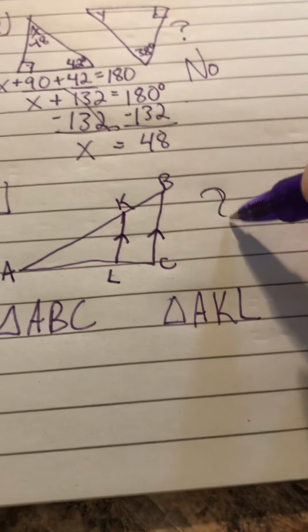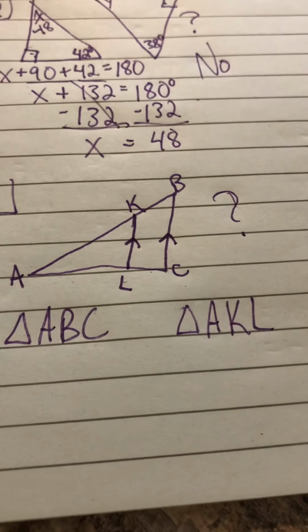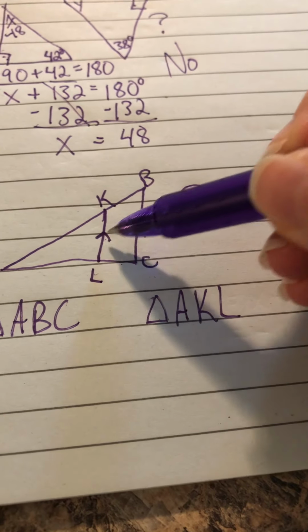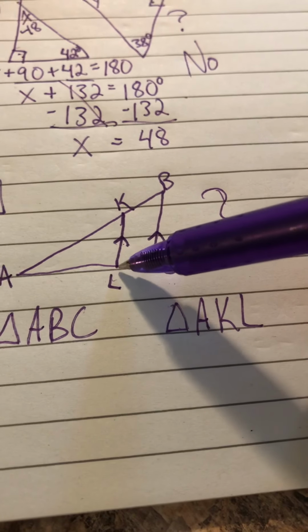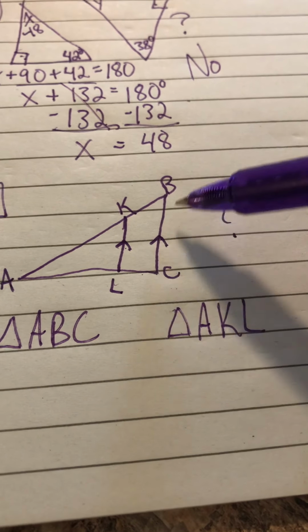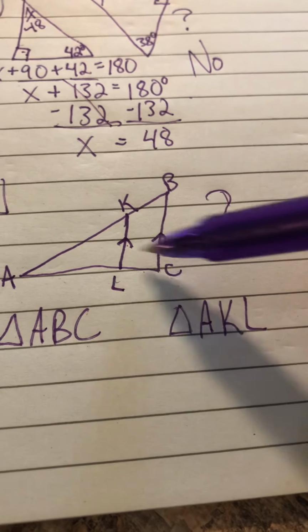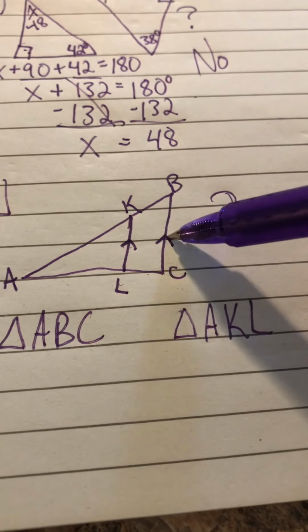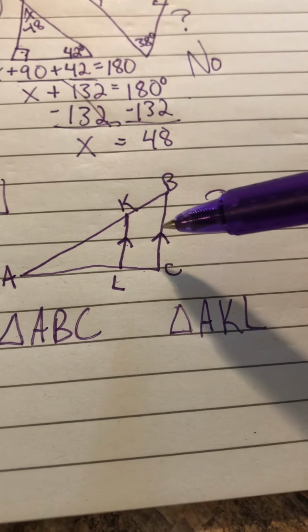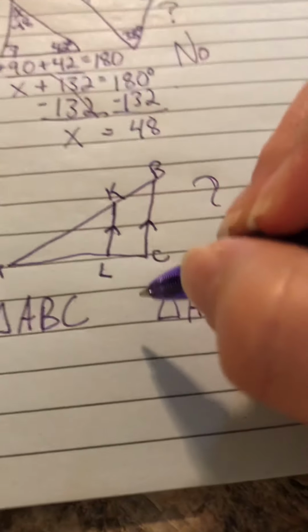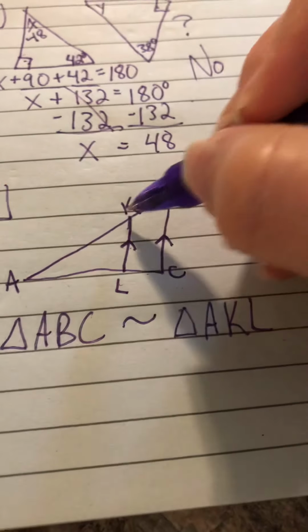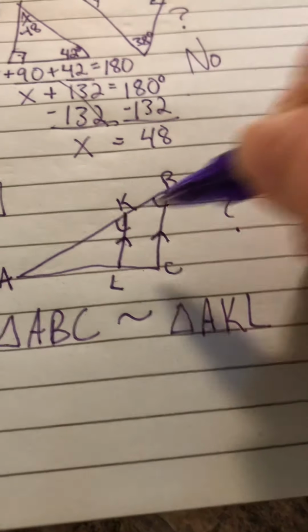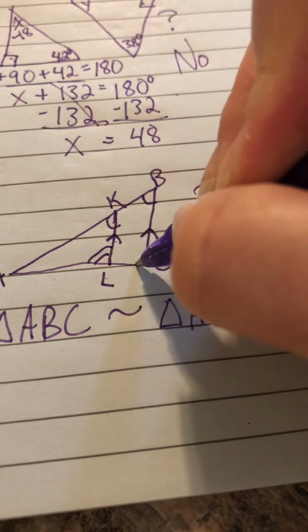Now, if you're ever given a problem like this and they want to know, are these triangles similar? You need to pay attention to these little markings right here. Those markings mean that lines L, K, and B, C, they are parallel. That means they're never going to intersect. As long as those lines are parallel to each other, then both of these triangles are similar, because this angle is going to equal this angle, and this angle is going to equal this angle.